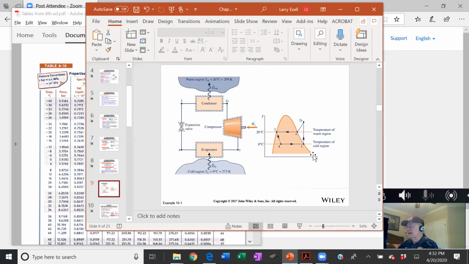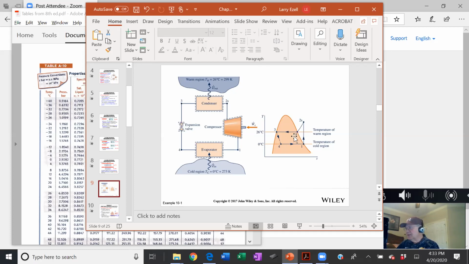But here's the point I'm trying to make. You don't want to go excessive. It would make it easier on the equipment for heat transfer if you went way up in the temperature of the condenser, to make it easy for the system to reject heat to the outside, and to make the evaporator as cold as possible. You don't want to get below 32 F, or you'd have ice forming on your coils. But that would make it easier to cool the space.